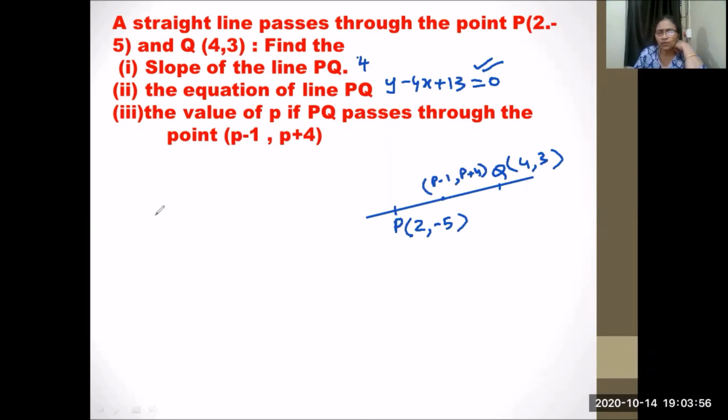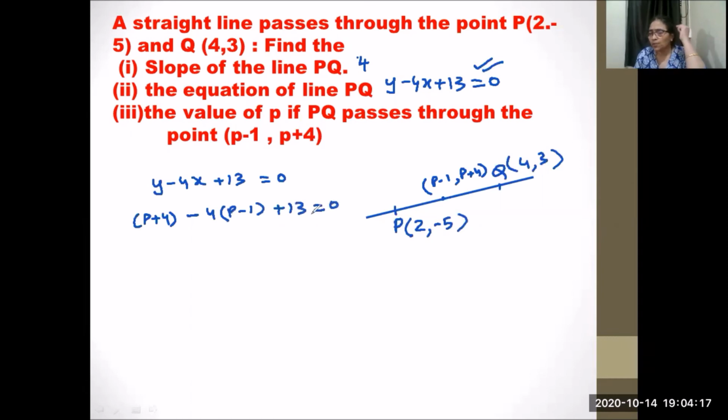I'm going to put the value here. The equation we found is y minus 4x plus 13 is equal to 0. Now y is p plus 4. It is given: (p plus 4) minus 4 into (p minus 1) plus 13 is equal to 0.